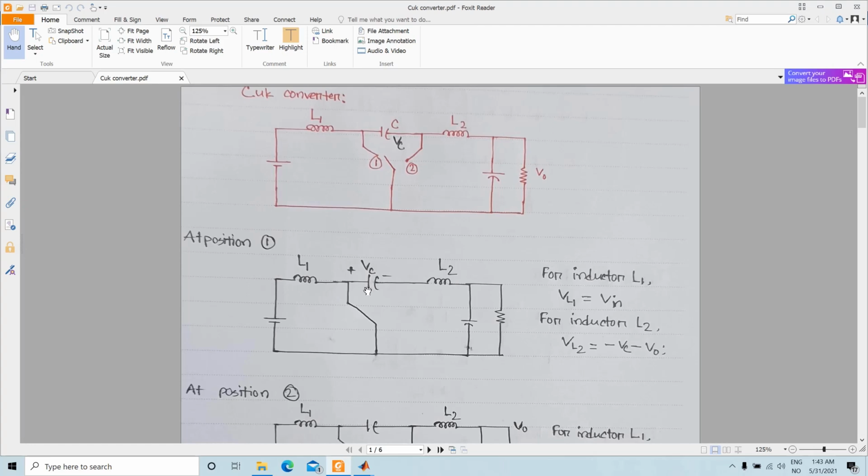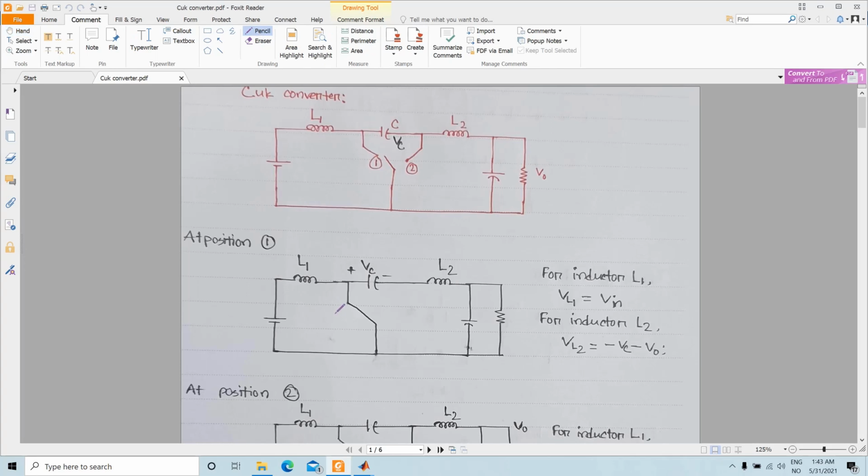In steady state operation, don't consider the case in the beginning when the circuit is run. In steady state, the capacitor was charged, so it will discharge and the current will flow like this. So we have the input current flow like this, and for the second part the current flows like this.